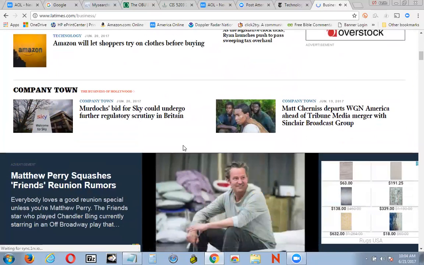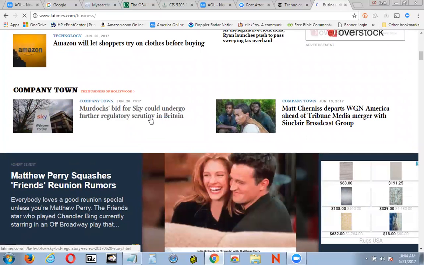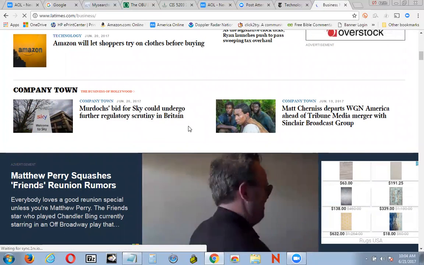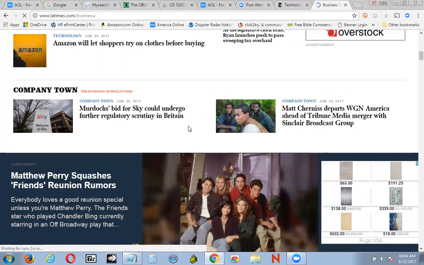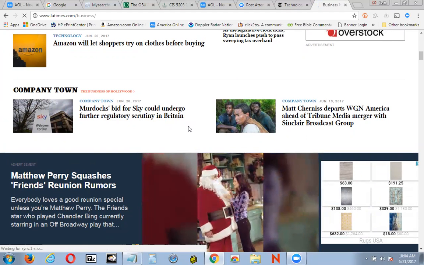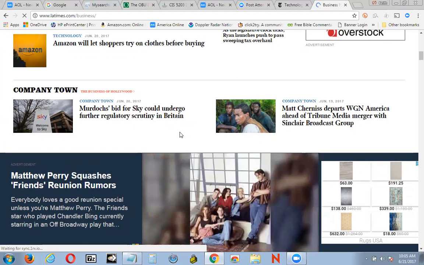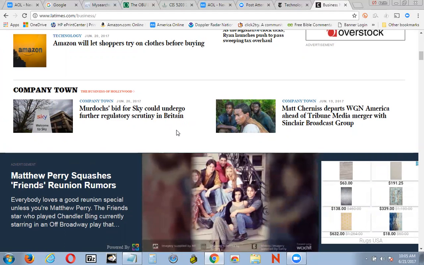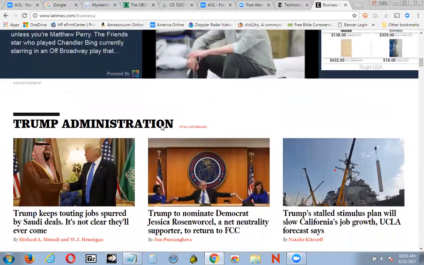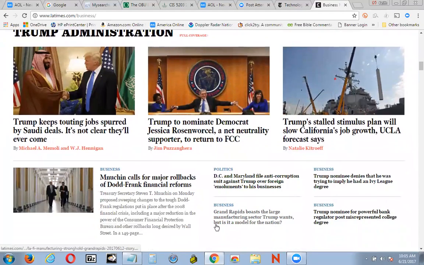And again, here's pretty good about talking about mergers and acquisitions, purchases going on in M&A opportunities. And here's where the Murdochs, Rupert Murdoch, Fox, are trying to purchase Sky, which is a service there in Great Britain.